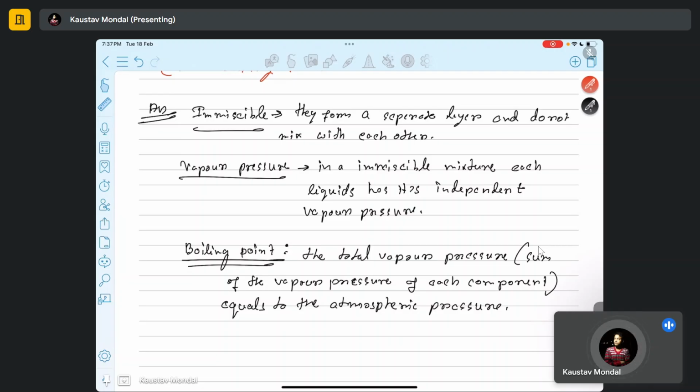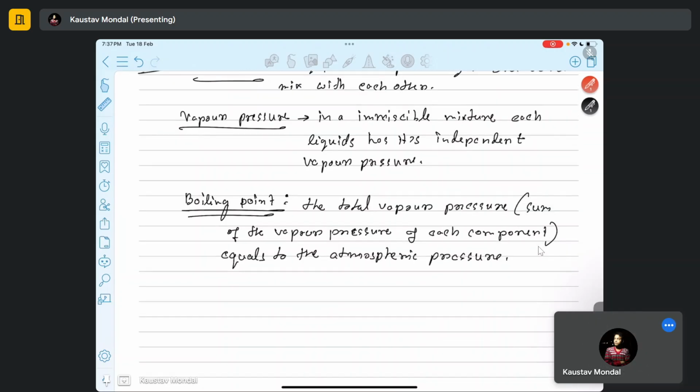This is a very important criterion that this liquid has to satisfy. Otherwise, it will simply not boil.